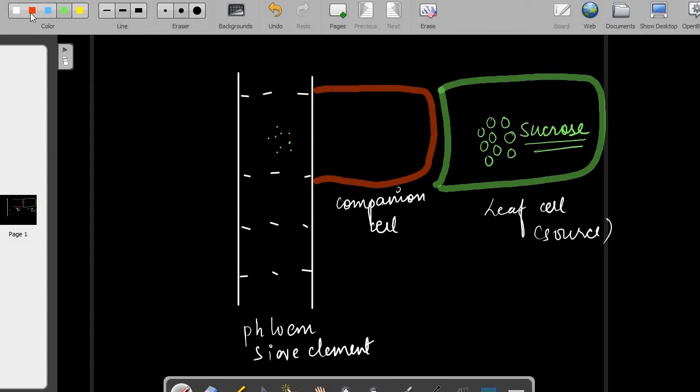On the cell membrane of the companion cell, there is an H plus proton pump. What this does is allow the H plus to move out of the companion cell into the leaf cell side.